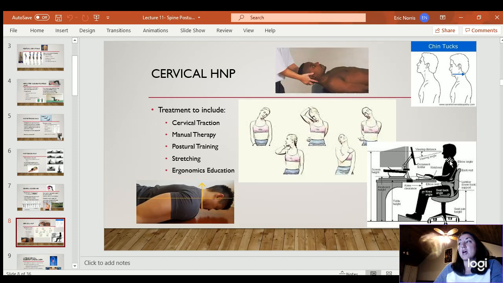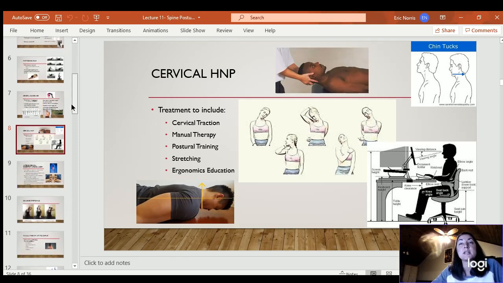The arms rested down towards their side, the elbows bent at around 90 degrees, the wrist in more of a neutral position, the feet flat on the floor, or even better would be at some type of an incline, but you certainly don't want them dangling, or the chair so low that your knees are above your hips. They need to be in line with the hips. Lumbar support is important. All of these things are what we recommend for someone who has a job where they're sitting a lot, which, even if you're not at your job, most of the time we sit a lot in general.